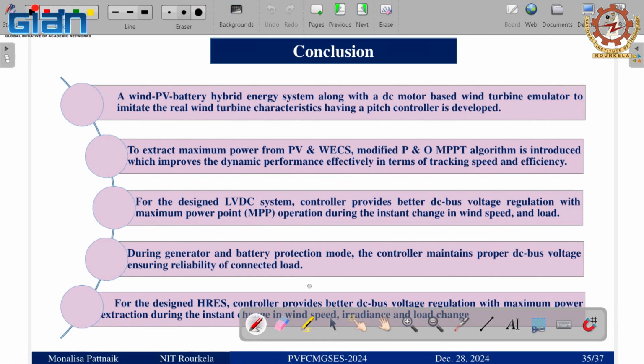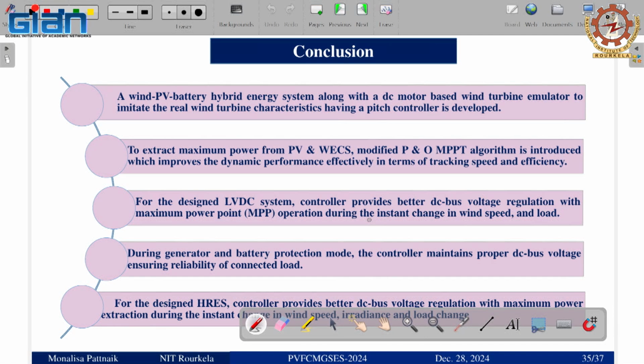So this is what we have seen. We have designed and developed a wind power system. Then we have added PV to it. Both the PV and wind are operating under MPP condition, and the DC bus is maintained well. One extra thing we have added is the battery protection as well as the wind system protection, that is the pitch control mode and the off-MPPT mode, or the reduced power mode.